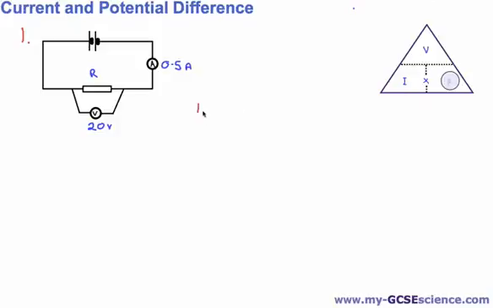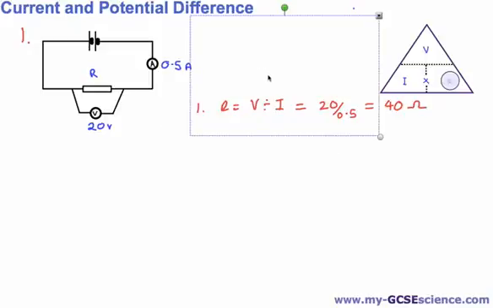So for the first question here, resistance equals potential difference divided by the current, and that's very simply 20 divided by 0.5. The answer would be 40, and it's resistance we're looking at, so don't forget the units. It's 40 ohms. That's a fairly straightforward example.